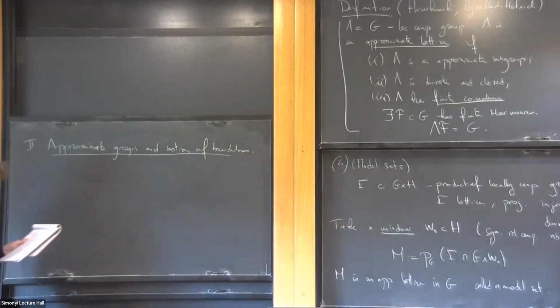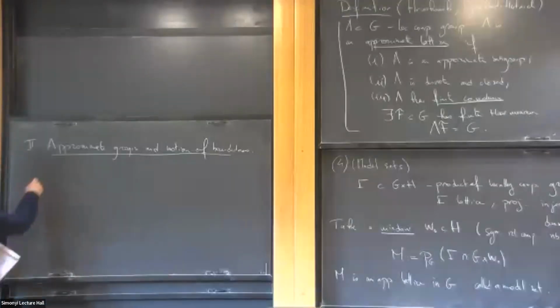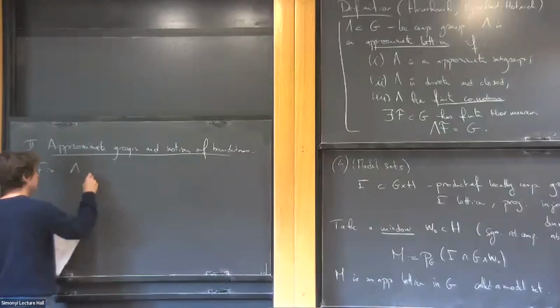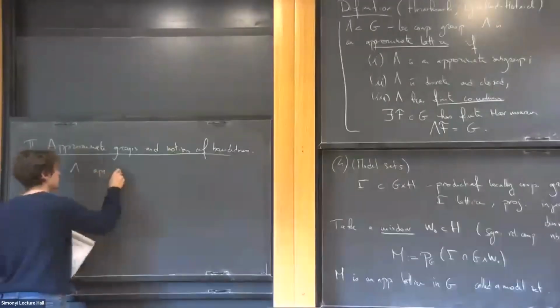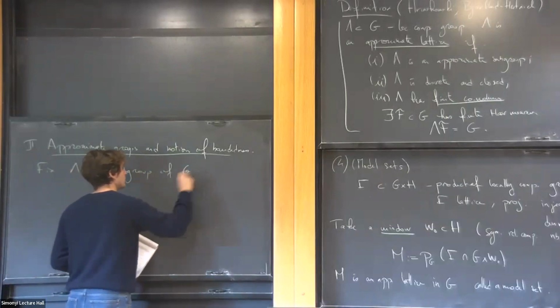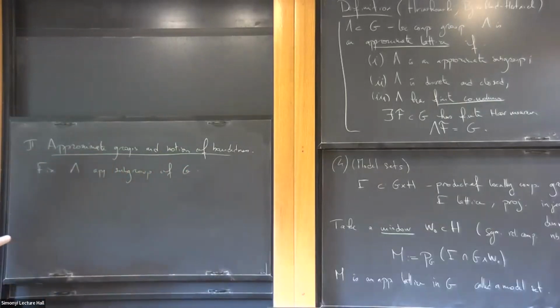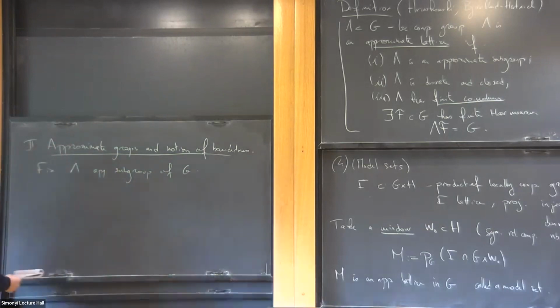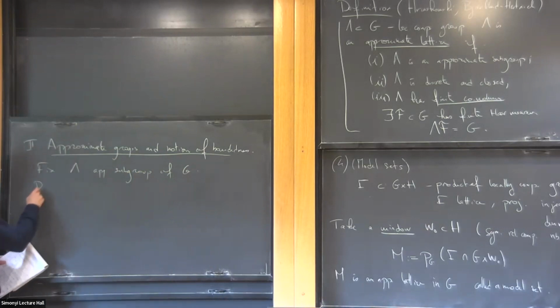Okay, so when you study approximate subgroups, let's fix one. When you study approximate subgroups, there's a way of seeing them that comes back quite often in the literature or in different ways. But very abstractly, you could do something like that.